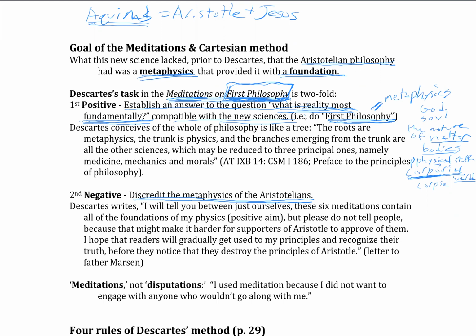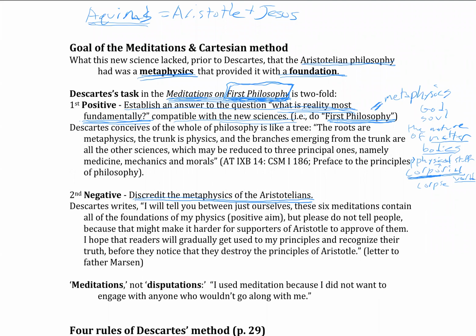It's going to have a positive aim and a negative aim. And the positive aim is to provide a scientific metaphysics that can be a foundation for the new scientific picture of the world, on the basis of which we can establish secure knowledge of the world, of physics, of morals, and of medicine.